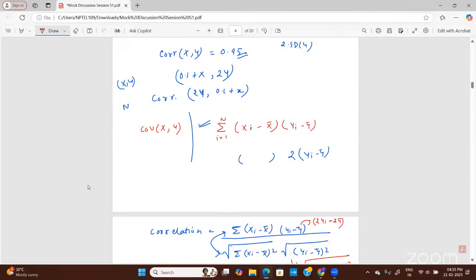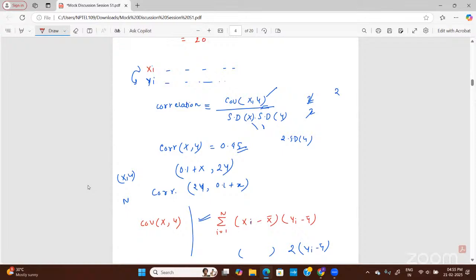You said it's covariance upon the standard deviations. So here you were saying that the square will be getting cut, so there will be no change. Okay, ma'am.